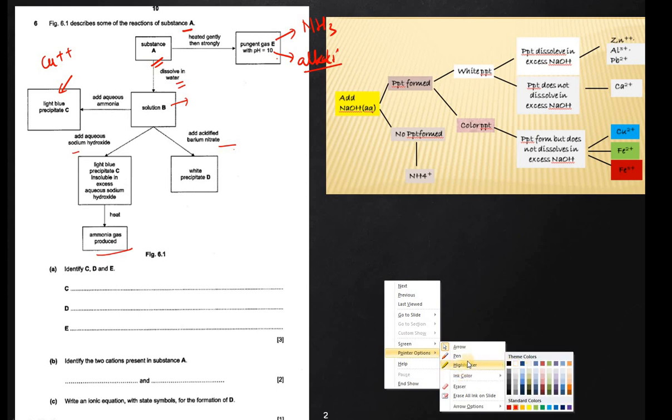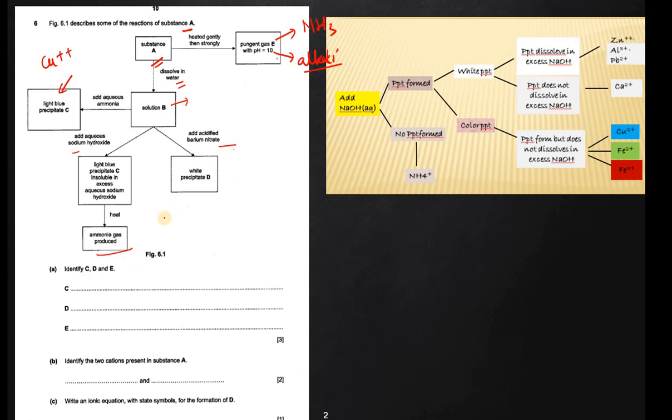Now we have to think about this identification. So C, D, E. Where is C? C is here. So light blue precipitate means it is the hydroxide, so it will definitely be copper hydroxide, because here after aqueous ammonia you got the light blue precipitate. Now D, what is D?